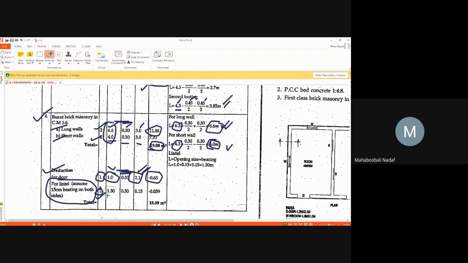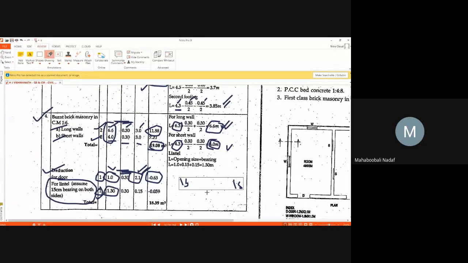What is the length? The length of the lintel is the door plus 15 centimeter on this side plus 15 centimeter on this side. So how much will it come?